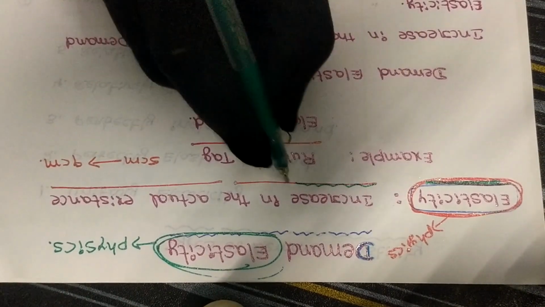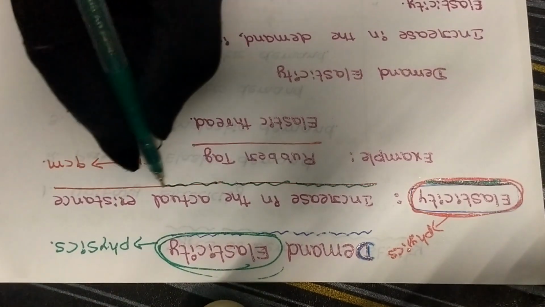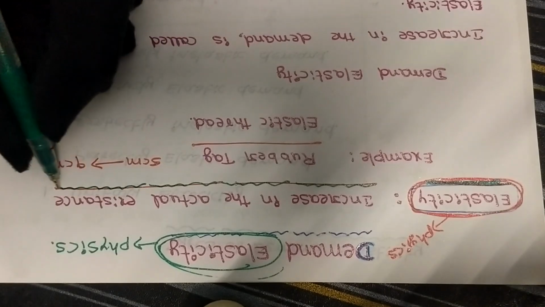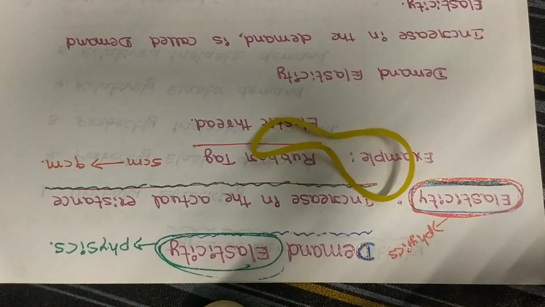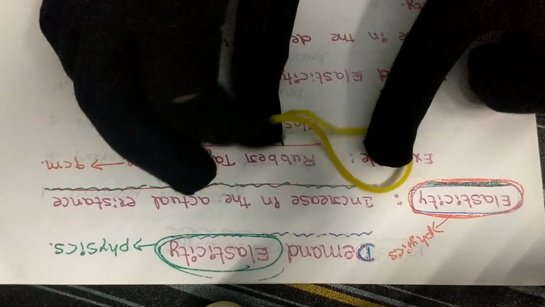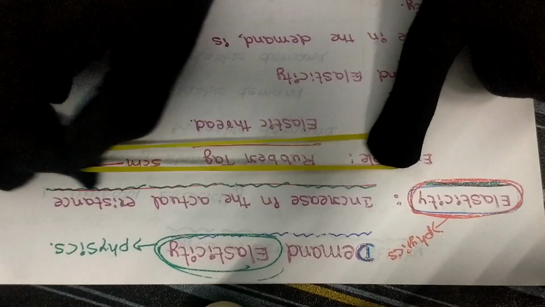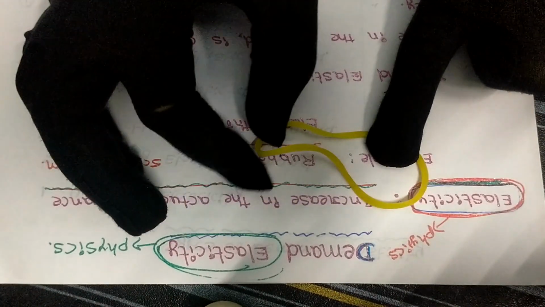Elasticity is nothing but the increase in the actual size of any material or anything. Suppose you take the example of a rubber tag. This is a rubber tag, okay? When you squeeze it out, the rubber tag size is going to increase. This is called elasticity.